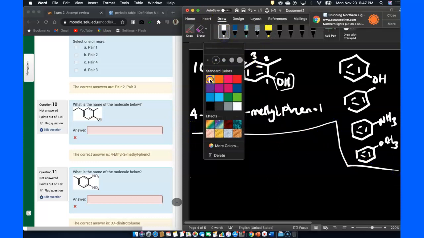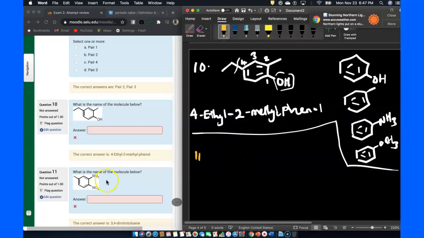So that's clear. Let's do 11. This one here is a toluene. You see this structure here? So the parent name will be toluene, where you have a CH3 on the benzene ring. But we do have substituents which are nitros. Give them the least locations possible.